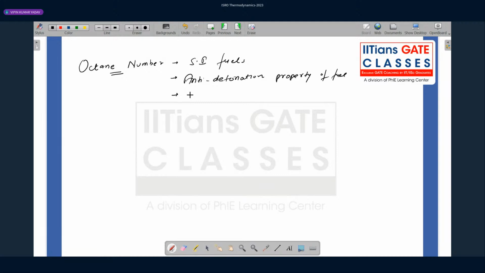So basically, you want no self-ignition or pre-ignition. High octane number means it will delay the self-ignition.